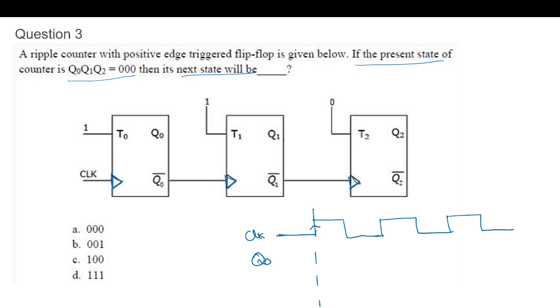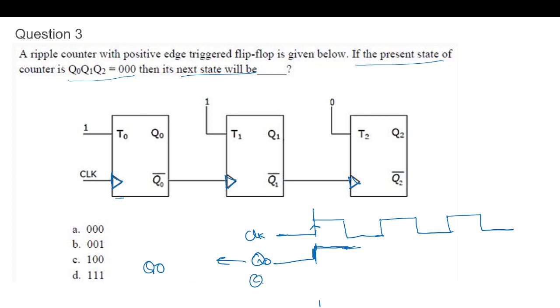Let's plot Q0. Let the initial state be 0. The Q0, this flip-flop output, should toggle at the positive edge. It is toggling. Next, Q1. So at this clock, the output will remain 0 because still it has not seen a positive edge because it is Q, but what will be Q bar?